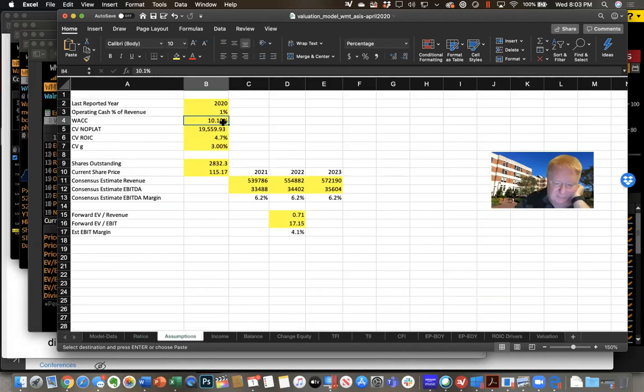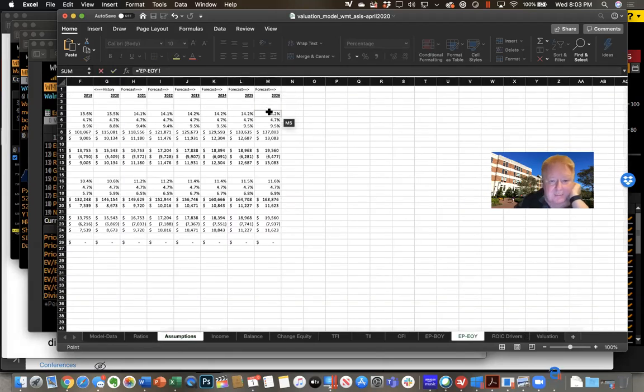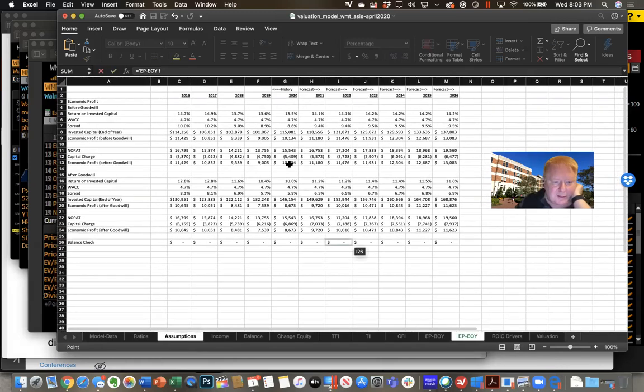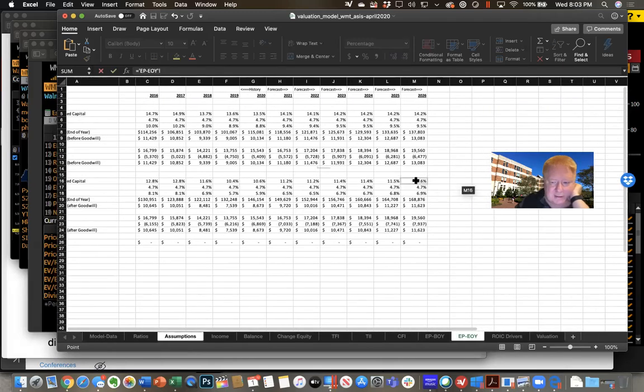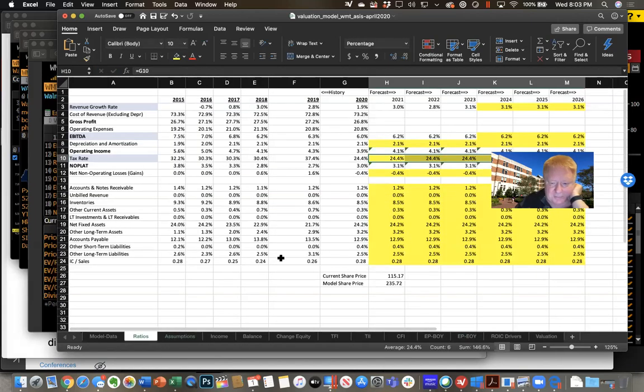This is supposed to be 4.7. Thank you. And this was supposed to be the EPEOY M13. ROIC is 16. M16. Boom. All right, this is going to give us a much more reasonable share price. Actually, it's $235 a share, but at least it's not so crazy low.